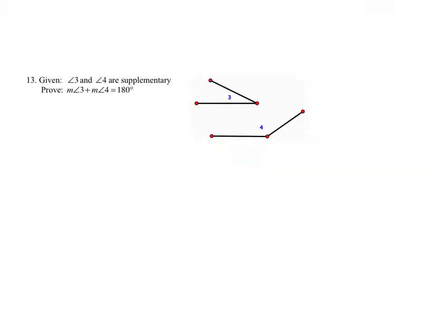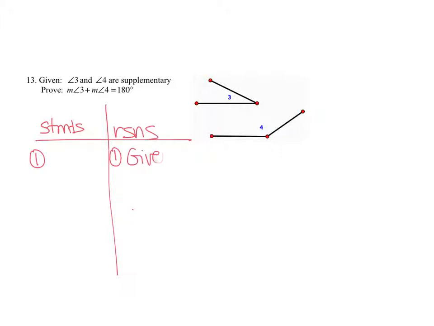Okay, and I think this is our last one. It says given that angles 3 and 4 are supplementary, prove that the measure of angle 3 plus the measure of angle 4 equals 180. Okay, so we know the first reason is given.